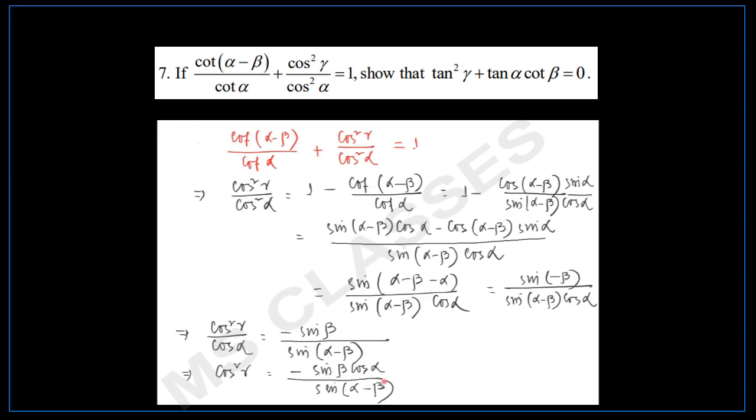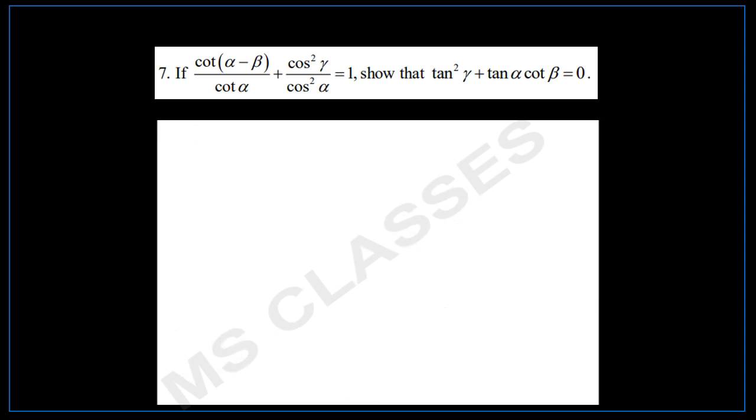So now, after this, my intention is what? Here I have done very simple LCM. Now from here, what is my intention? To get tan square. How? Cos square you have got as a reciprocal. Now, if I take the reciprocal, what I get?